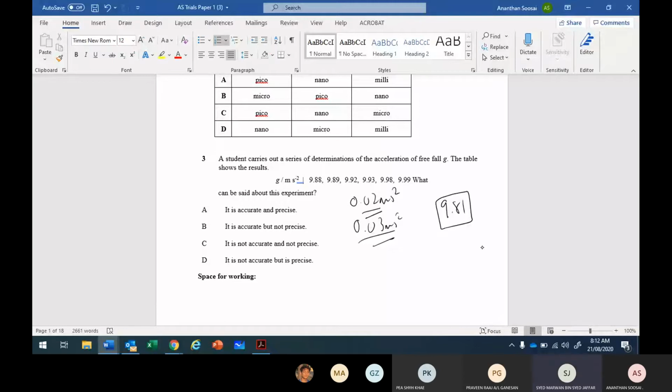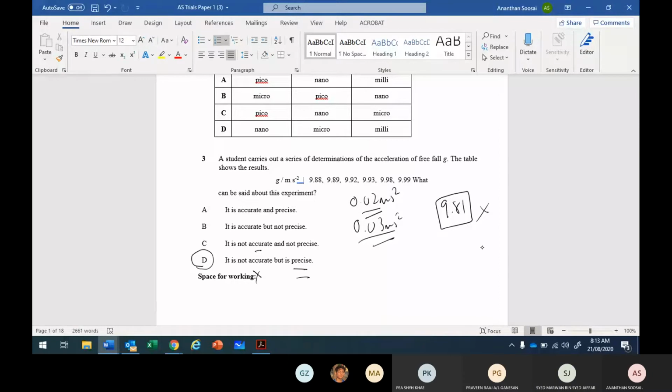So in this case, it's not accurate. Precision, what is the answer given? D. Definitely not accurate because not even once he hit the 9.81. But for precision, they have to tell whether it is within 0.02 or 0.03.